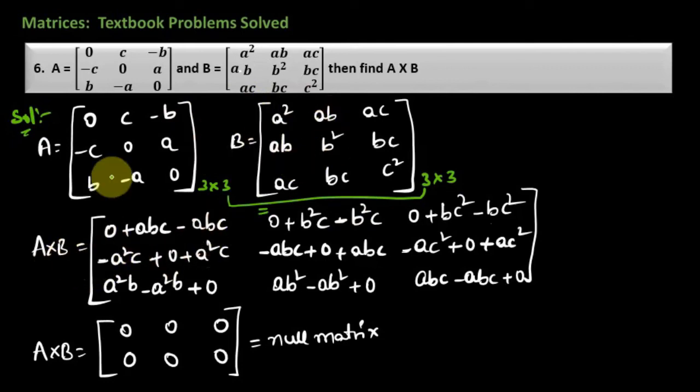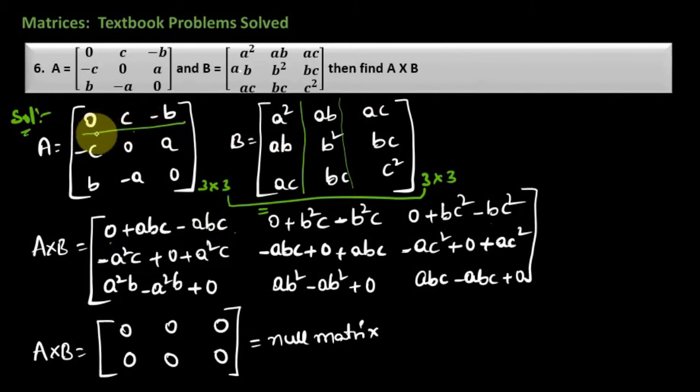So A cross B first. See what I said first, fix this row and multiply with each element of this column, right? So now 0 into A square is 0, C into AB is ABC, then minus B into AC is minus ABC, right? Similarly now multiply with the second column.